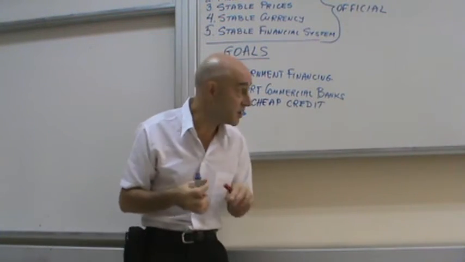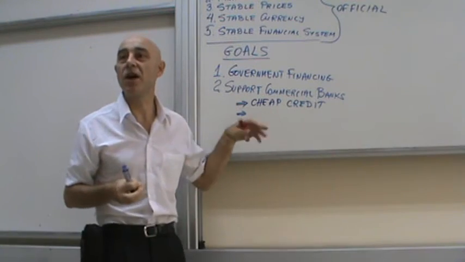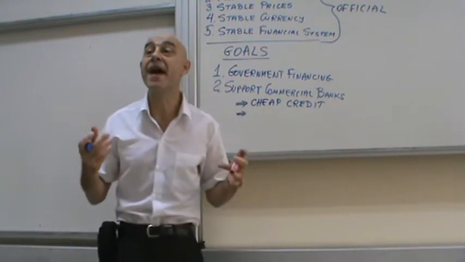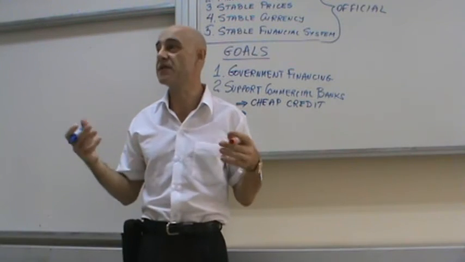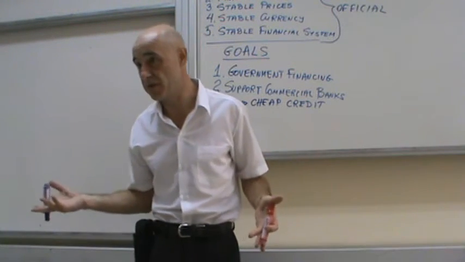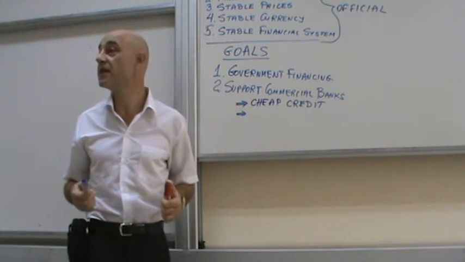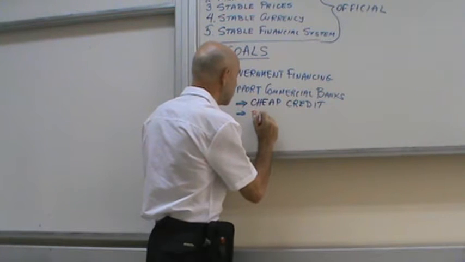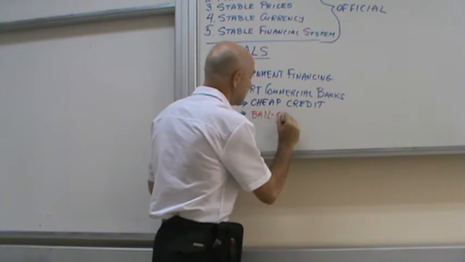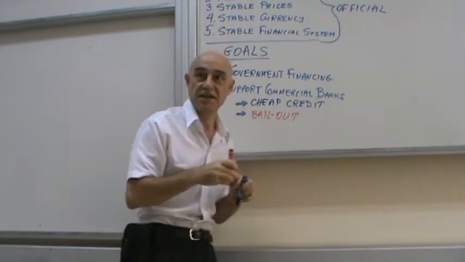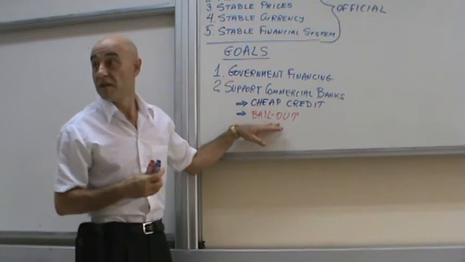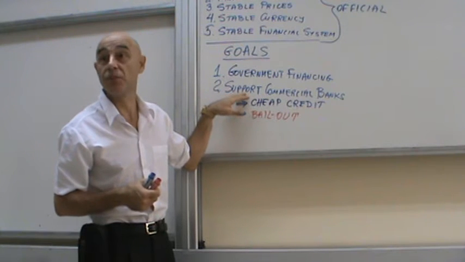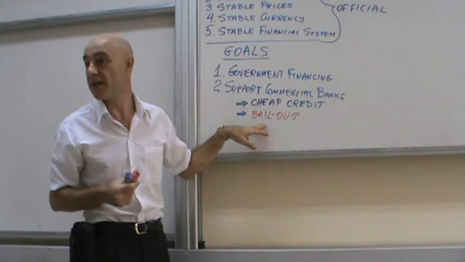Number two is commercial banks are like little babies to the central bank. Central bank's job is to take care of its babies when they get in trouble, okay? And the one way to do that is called a bailout. The second main mechanism by which the central bank supports commercial banks is through bailouts.